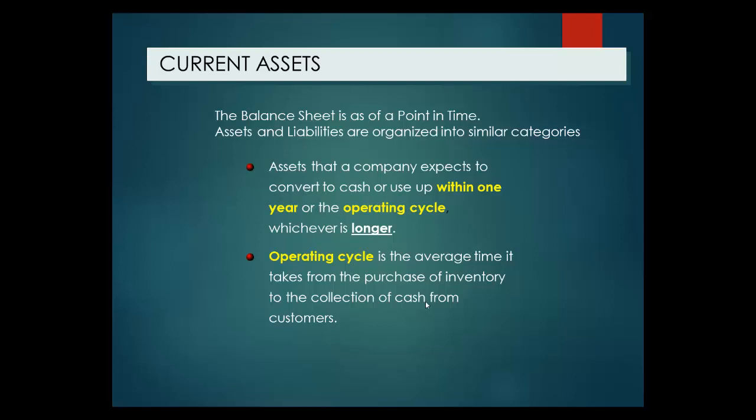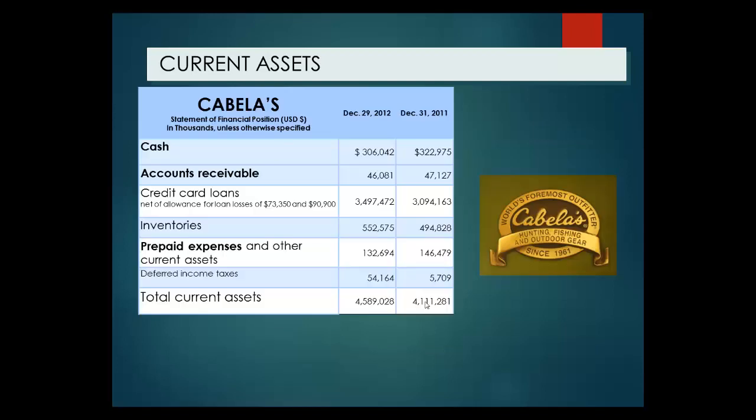This could be something like building an airplane, or if you were a wine producer where the wine would be in the cask for a longer period of time than a year. So it's the average time it takes from the purchase of raw material inventory to the collection of cash from customers.